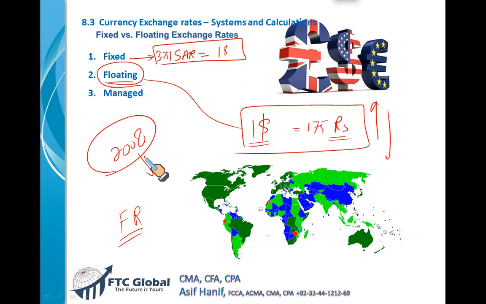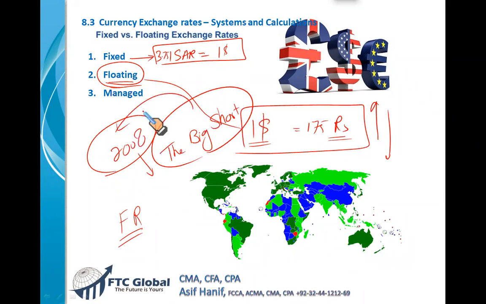Do watch some videos. What happened in 2008? There's a good movie, I hope you remember the name. It was The Big Short. Please watch this movie. You will know what happened. Amazing. This movie will explain in a very fantastic way what happened exactly in 2008, the subprime mortgage crisis.